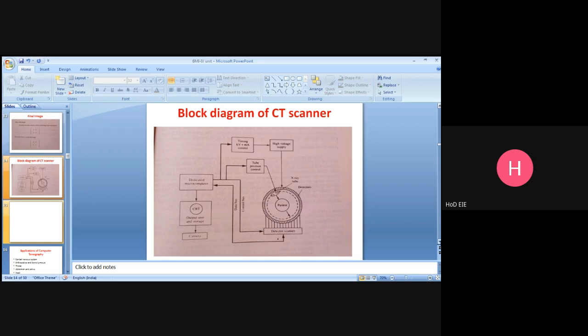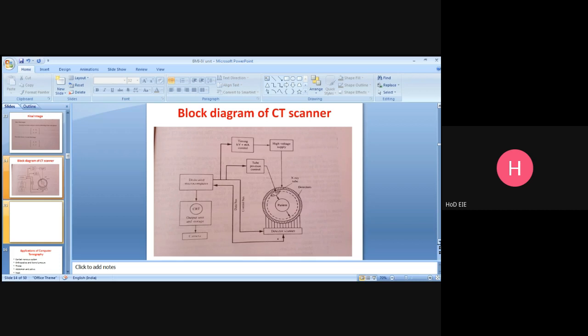The computer here senses the position of your X-ray tube, and accordingly it samples the output of your detectors, which you place along the diameter of your X-ray tube. Then you do a calculation based on the data obtained from the complete scanning made by your computer.